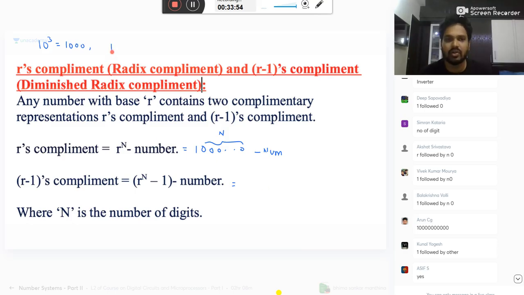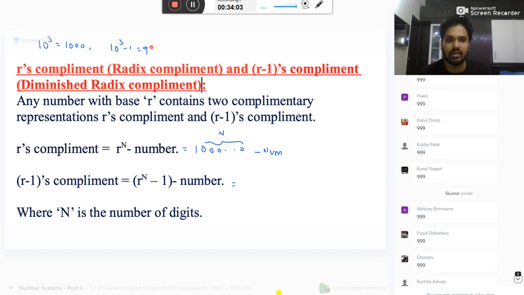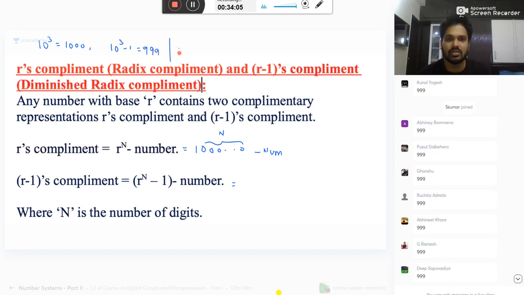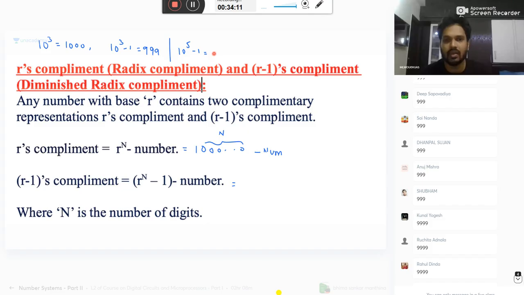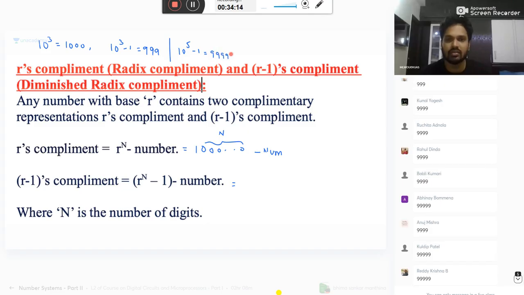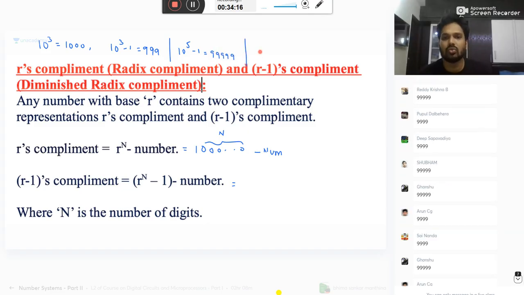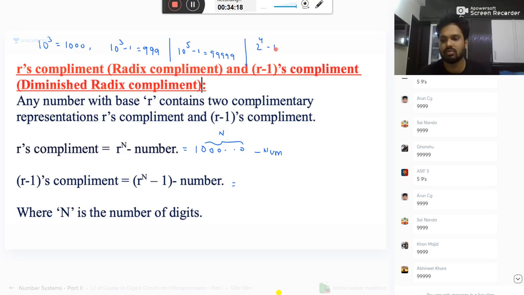What is 10 power 3 minus 1? Right, 999. Similarly, what is 10 power 5 minus 1? 99999.